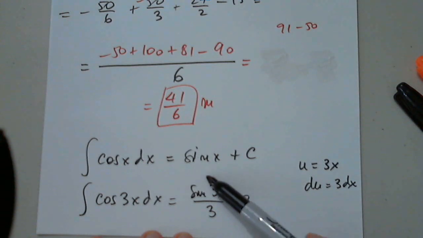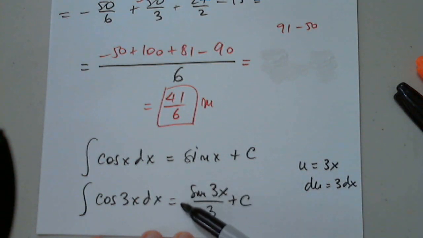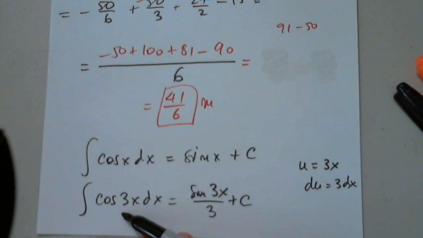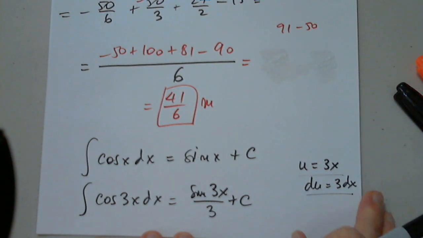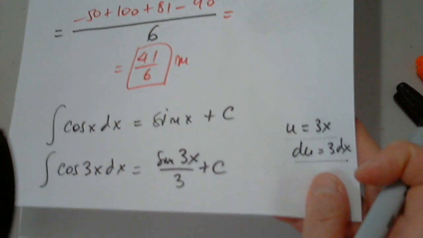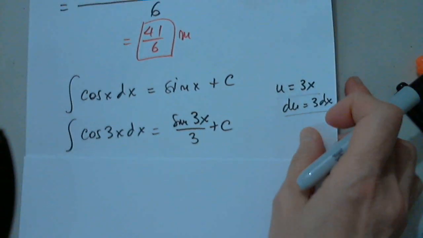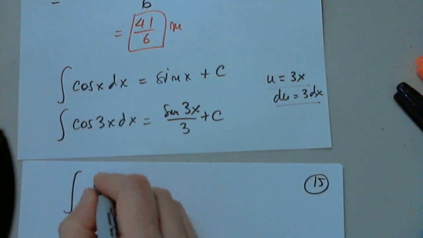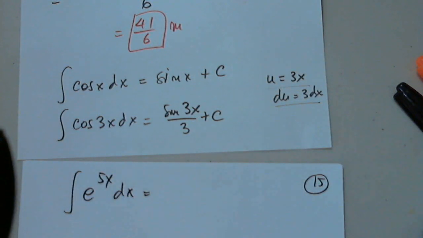Why? Because when I differentiate this, I get cosine times the inner function prime, which is 3, and that will take care of it. But yes, you can go through the steps. The same thing with a function like e. Can anyone tell us what is the integral of e to the 5x dx equal to?